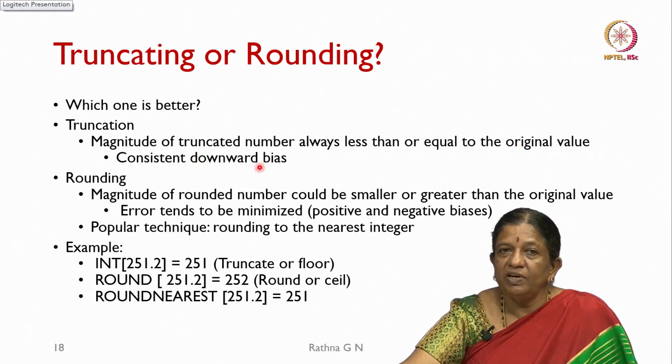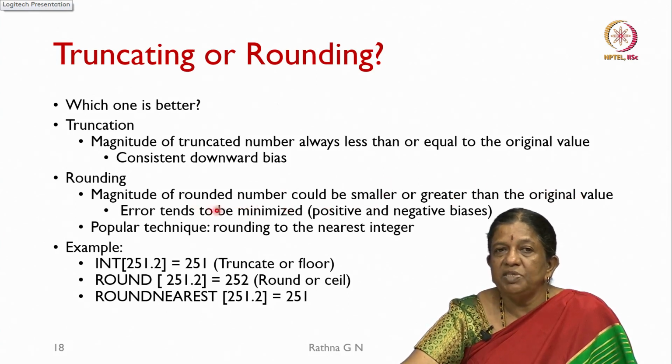Whereas, in rounding, the magnitude of the rounded number could be smaller or greater than the original value. So, then error tends to be minimized, as there is positive and negative bias, and the popular technique is rounding to the nearest integer.